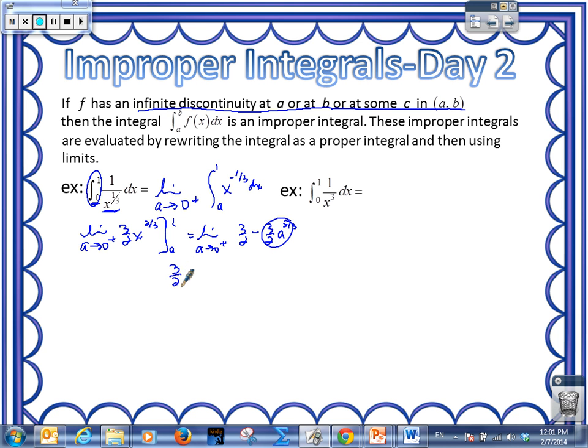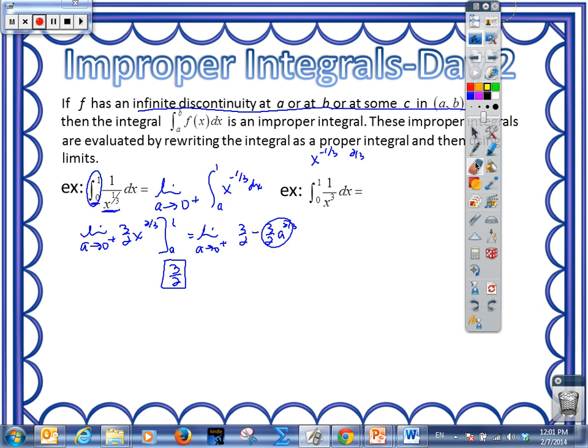And this particular one converges to 3/2. Right here, I add 1 to negative 1/3, and I get 2/3, right? Okay.